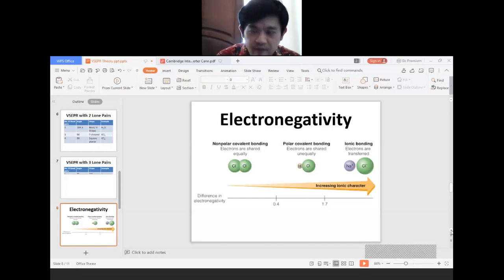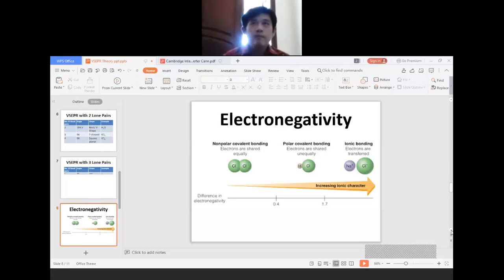And then for ionic bonding, there is a huge electronegativity difference. How come huge? Because sodium loses an electron, which moves to the chlorine.